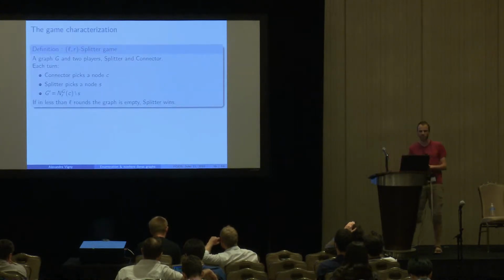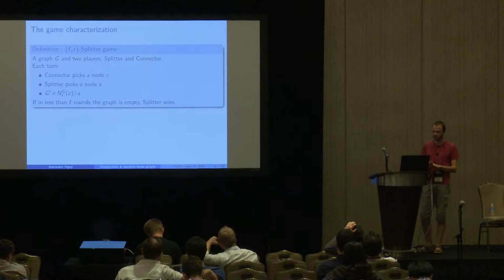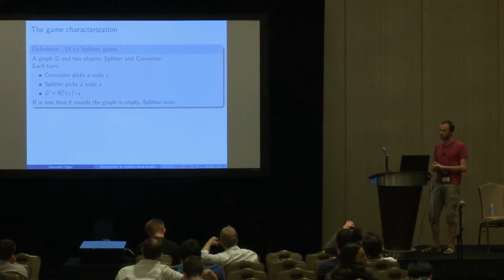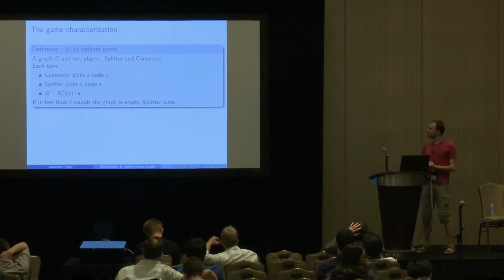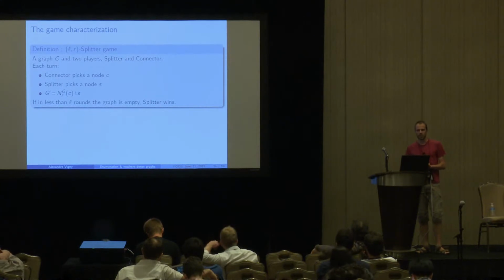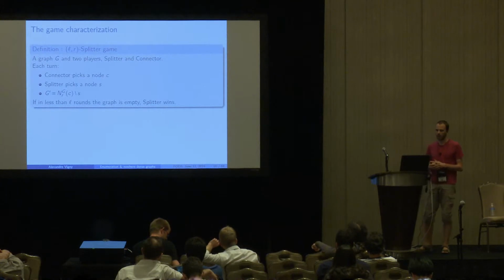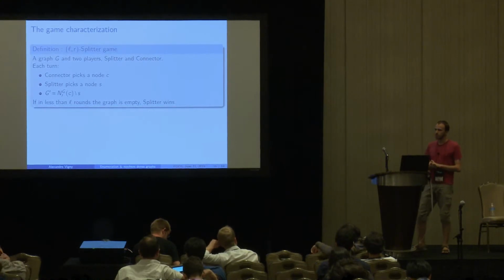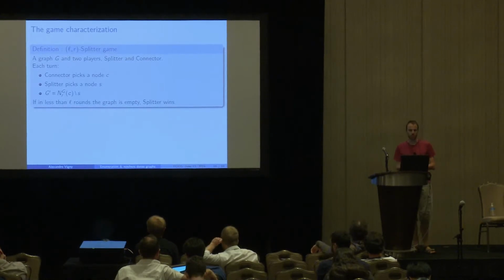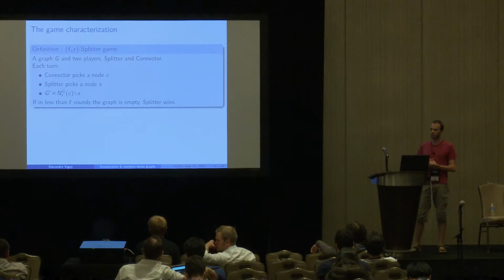But before that, what's the game characterization of nowhere dense graphs? It's a two-player game, splitter and connector. Connector tries to preserve the graph, and splitter tries to destroy it. We have two parameters, L and R. L is the number of rounds, and R is the radius of the game. At every round, connector picks a node C, and we restrict our attention to the R-neighborhood of this node, and then splitter picks a node S, and we delete it.